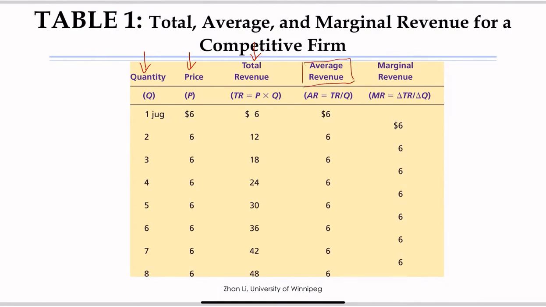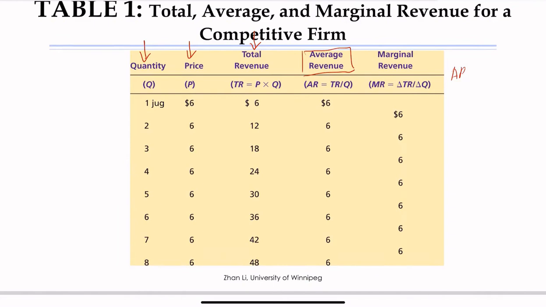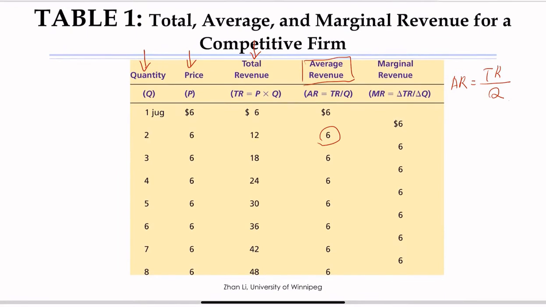Well, by definition, average revenue is really total revenue divided by quantity. So you can see that if you want to get this number 6, what you want to use is these two numbers, right?